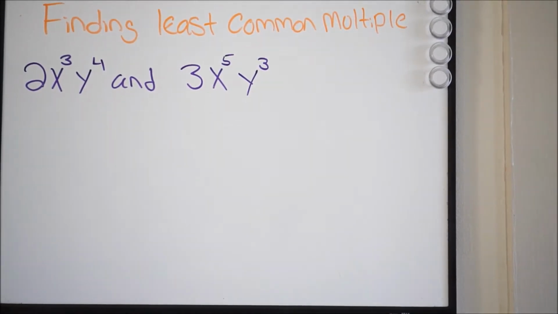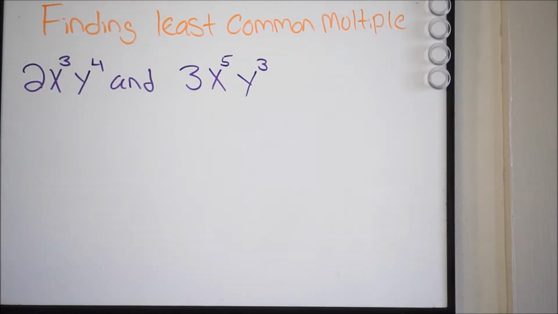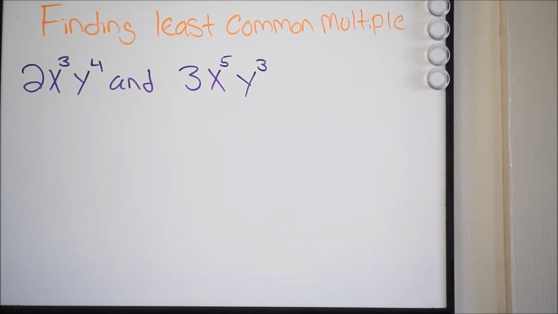Alright guys, so now we're going to be talking about how we can find the least common multiple. Finding the least common multiple of polynomials, we have our first polynomial and our second polynomial, and we want to know the least common multiple. So what you want to do here is go ahead and rewrite these out.